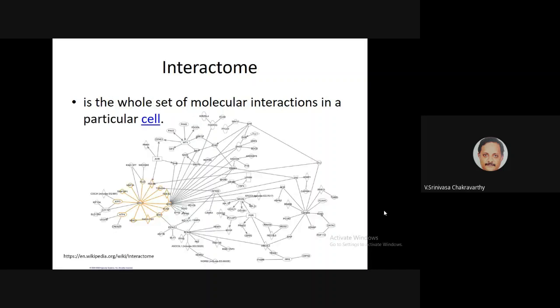Next, we go to the interactome. Until now we've been talking about just all the genes, all the proteins, and things like that. The interactome is how all these molecules interact in a given cell. The interactions are not confined to only genes or only RNA: genes interact with RNA, RNA interacts with proteins, and there's feedback again from protein to RNA, RNA back to genes. That is gene expression.